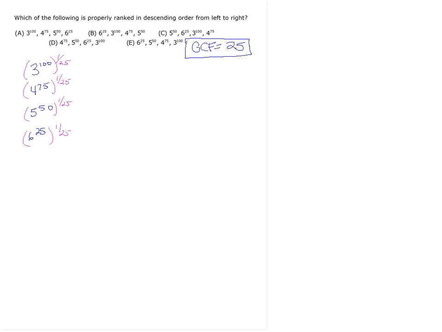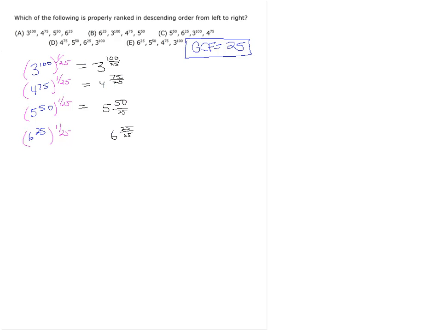Because it's really going to simplify down to something really simple. This is 3 to the 100 over 25, because we're multiplying those exponents. This is 4 to the 75 over 25. This is 5 to the 50 over 25. And this is 6 to the 25 over 25.